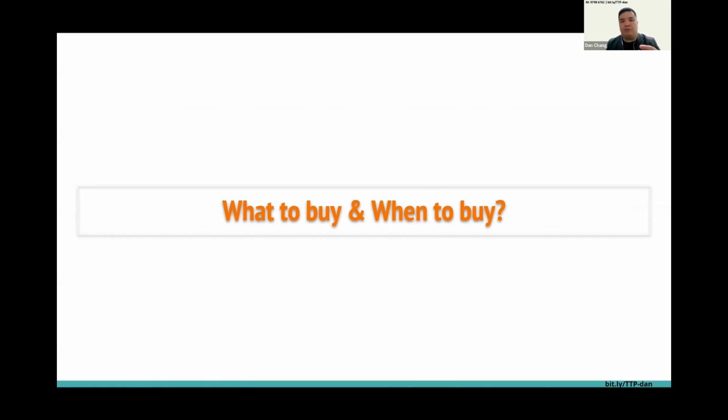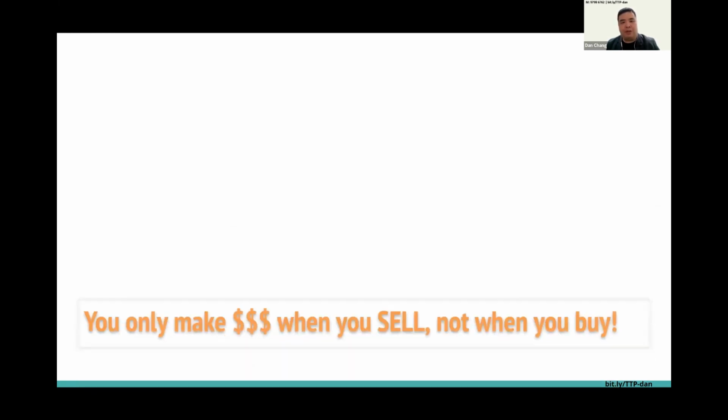You have to use a bit of technical analysis to plot your entry. But that will be another topic for another day. Hopefully I have another chance to collaborate with MT trader, and perhaps we can touch on that in our next webinar if there's a chance. So what to buy and when to buy is totally different. That is the second takeaway.